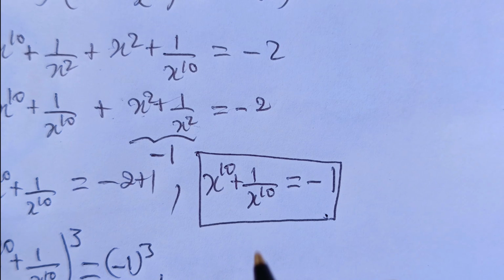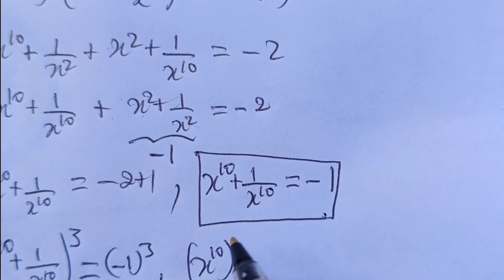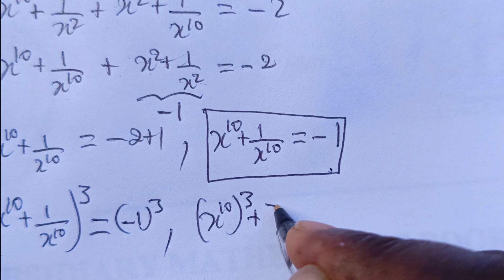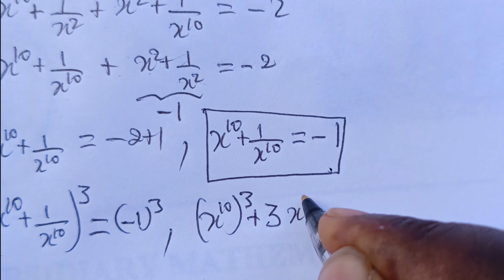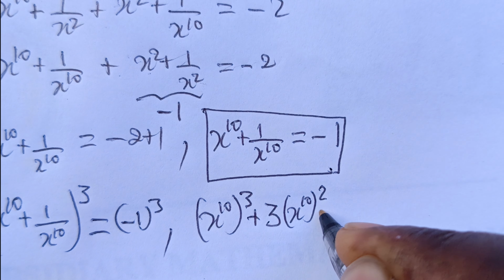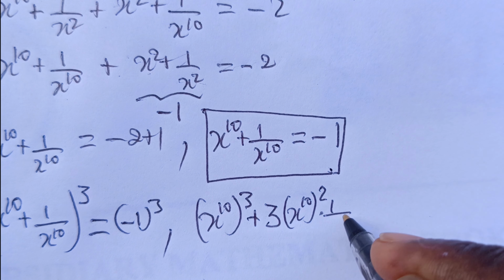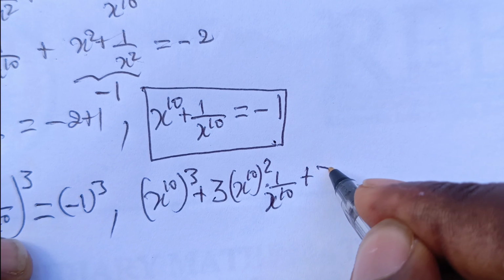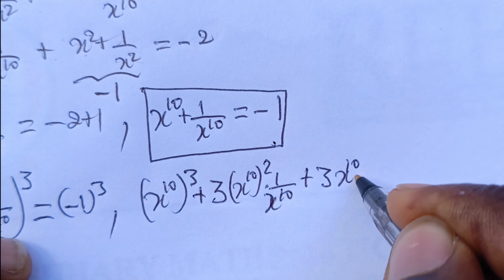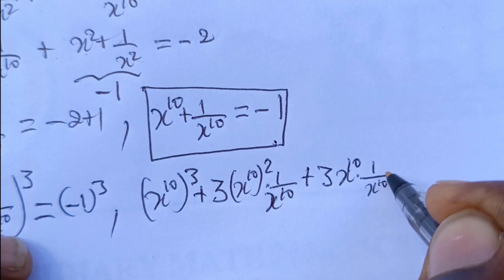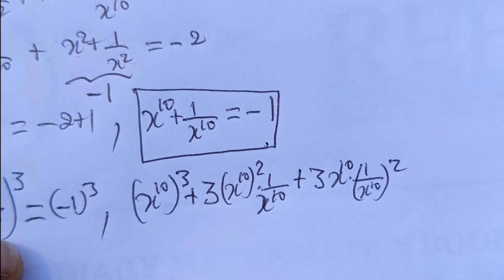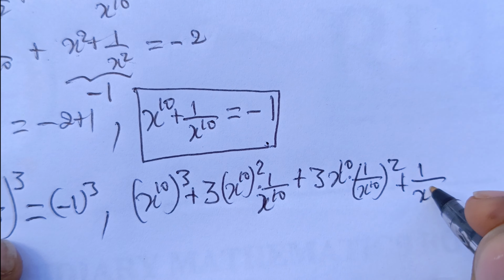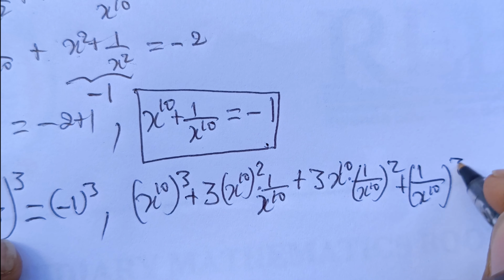Now we have (x^10)^3 plus 3 times (x^10)^2 times 1 over x^10 plus 3 times x^10 times (1 over x^10)^2, then plus (1 over x^10)^3, guys.